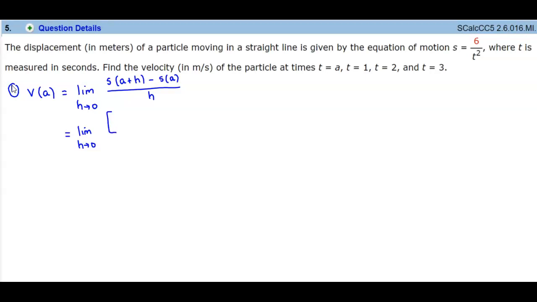So we have 6 over a plus h squared minus 6 over a squared. And then we're going to divide that by h.